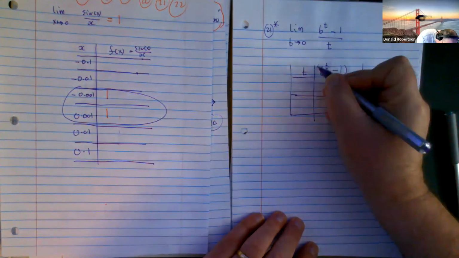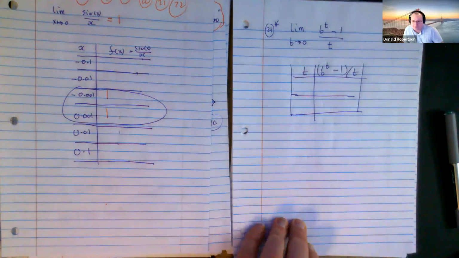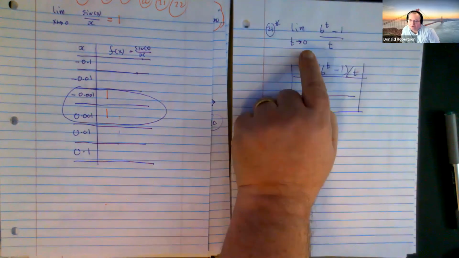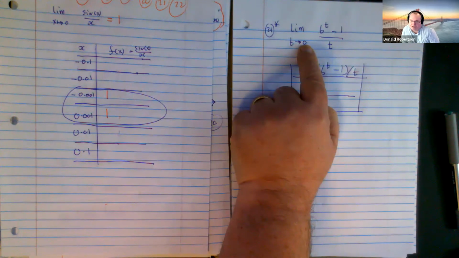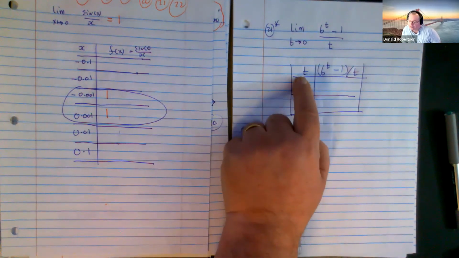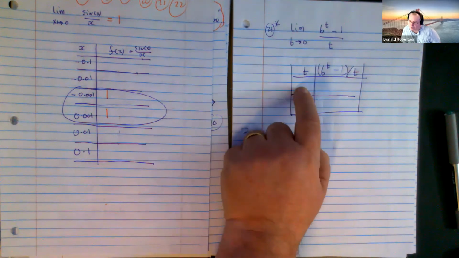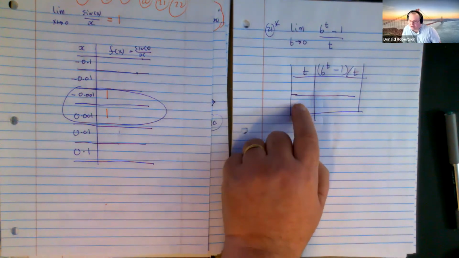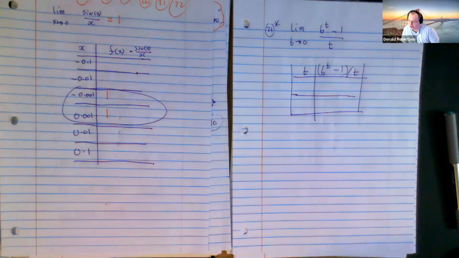Since I'm interested in the overall limit as t tends to 0, don't I need to just pick 2 numbers really close to 0? I pick 1 on the left and 1 on the right, and I have total control about what those numbers could be.